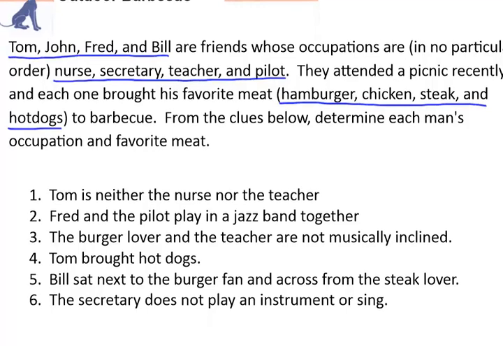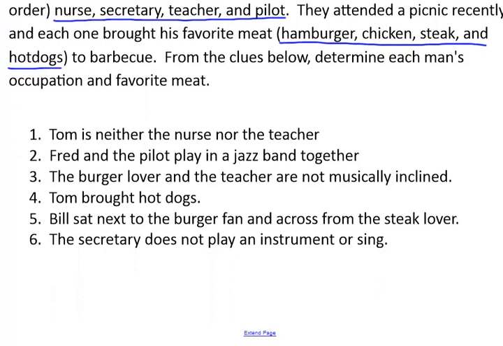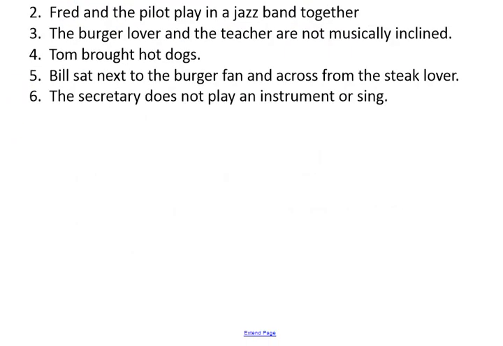Okay, so in this case, I'm not even going to read the clues yet. I'm just going to make my matrix. So I'm going to write the men's names down. So we have Tom, John, Fred, and Bill. And some occupations.